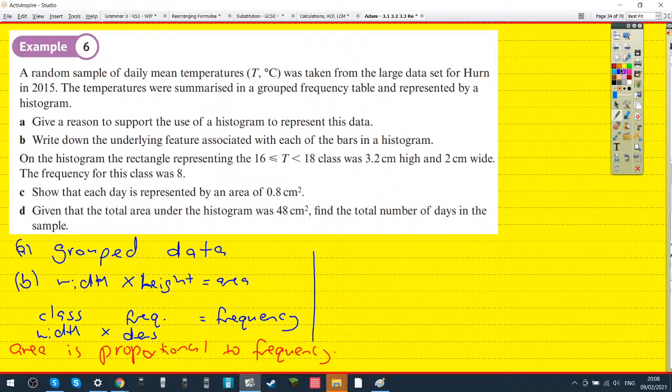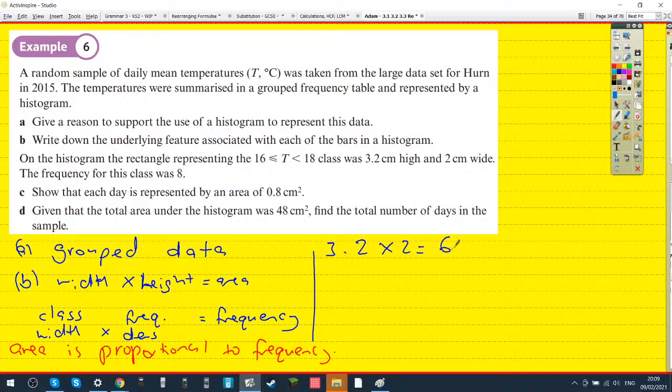Okay, how about C? So you need to do 3.2 times 2, which gives you 6.4.